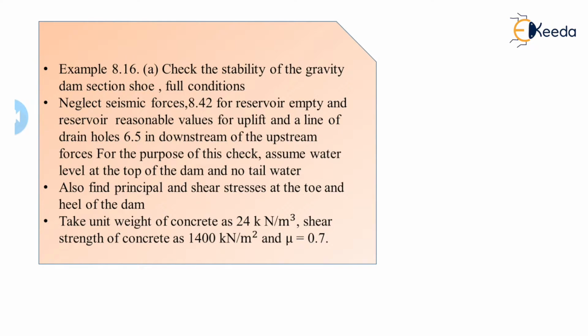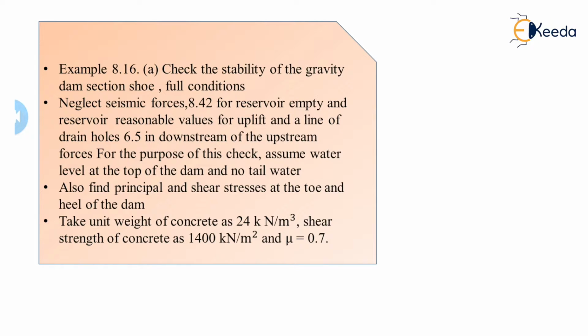In the same part A, neglect seismic forces, neglect earthquake forces, and assume reasonable values for uplift, with a line of drain holes 6.5 meter downstream of the upstream face. For the purpose of this check, assume the water level at the top of the dam and no tailwater. Also find the principal and shear stresses at the toe and heel of the dam.